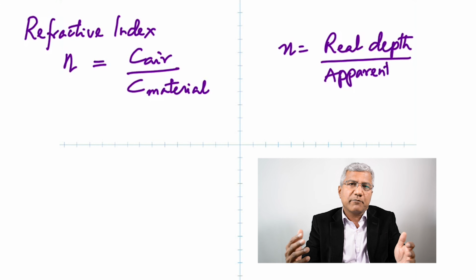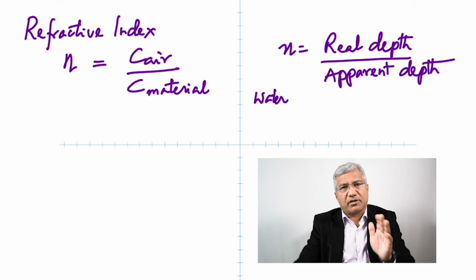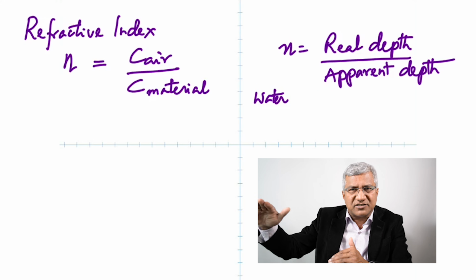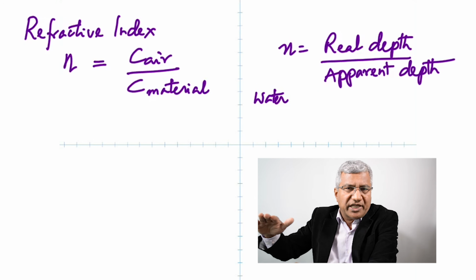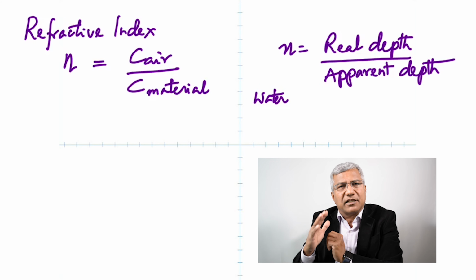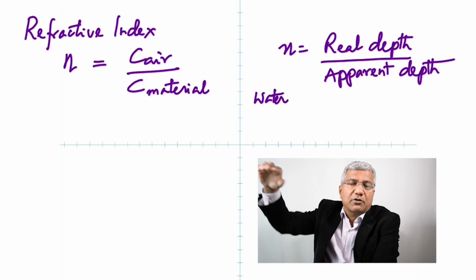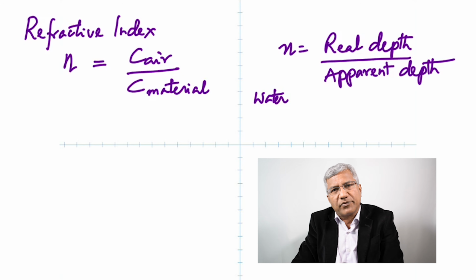What do you mean? If you look at a swimming pool from outside and try to estimate its depth, it's always going to look shallower than it is. Technically, if it's 4 meters real depth, it will only appear to be 3 meters deep. That's dangerous.